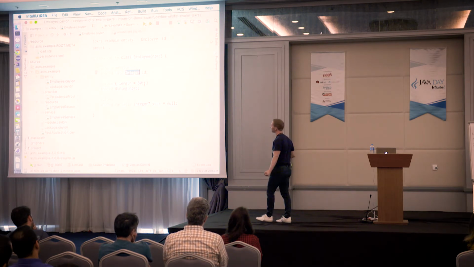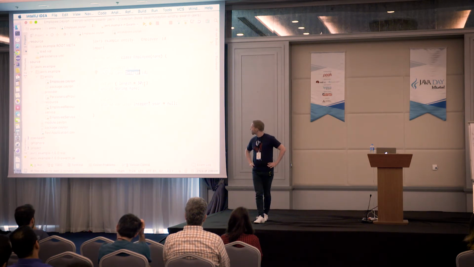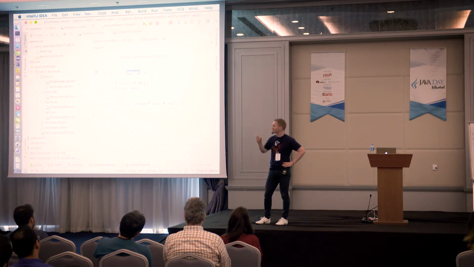Right? So the problem with that is that we didn't really want to have to define this. In this case we have a generated value that's being generated by JPA when you persist the object.